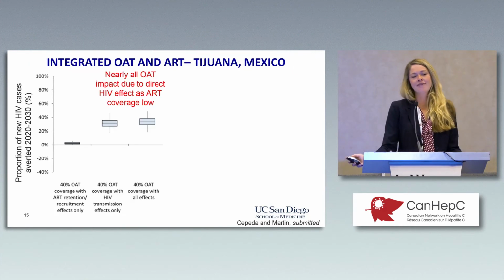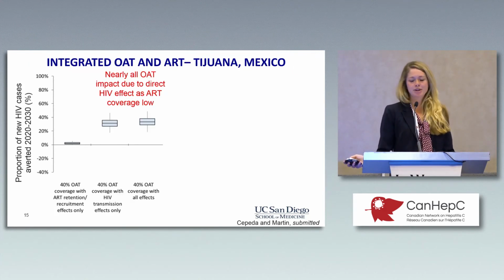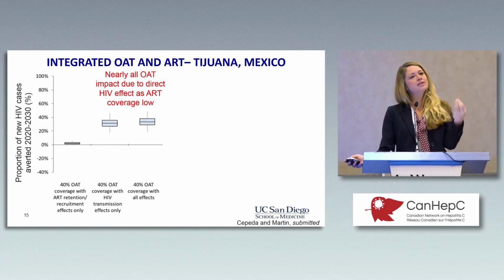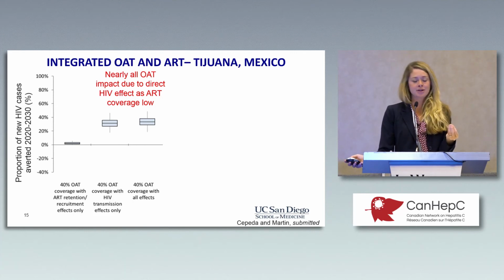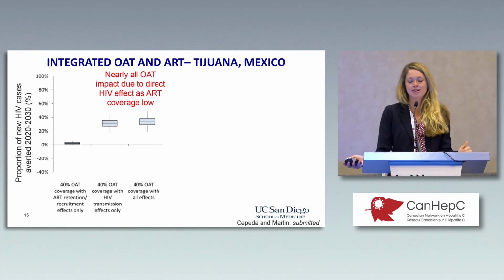There's no impact because there's very little ART there to synergize with to boost those benefits. And in fact, if we scale up OAT to 40% coverage, the predominant benefit that is observed is due to its direct effect on preventing HIV transmission. Most of the effect that you see, and it's quite substantial, preventing about 40% of new HIV cases over 10 years, is because of its direct effects, because there is no ART to synergize with.